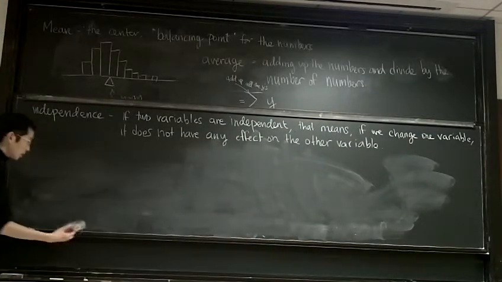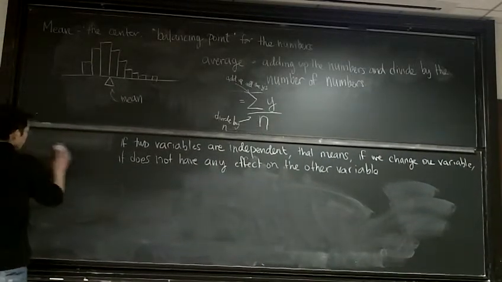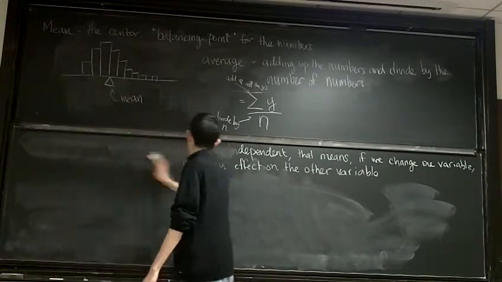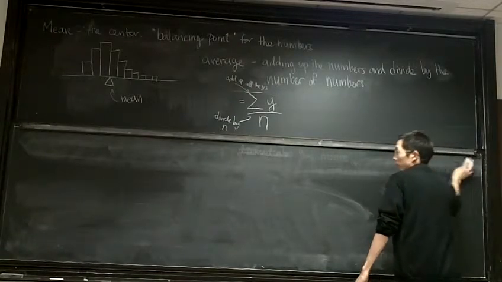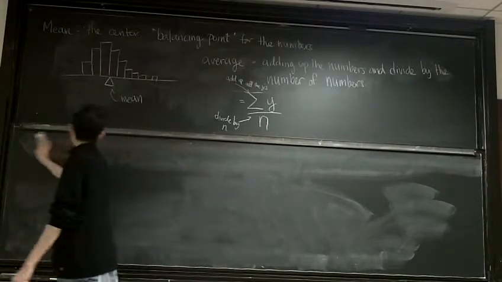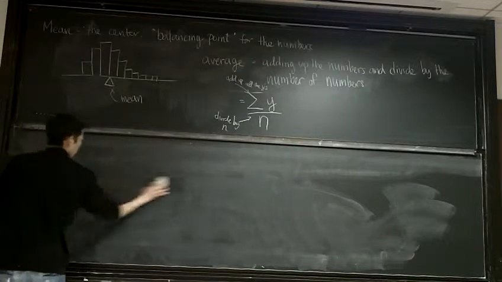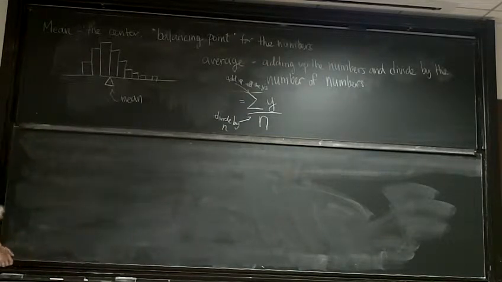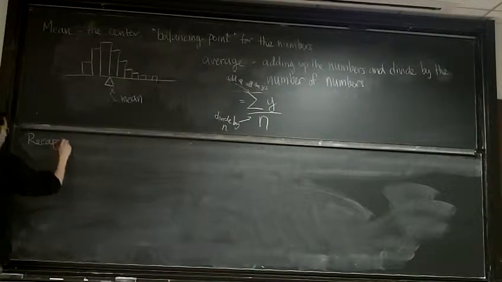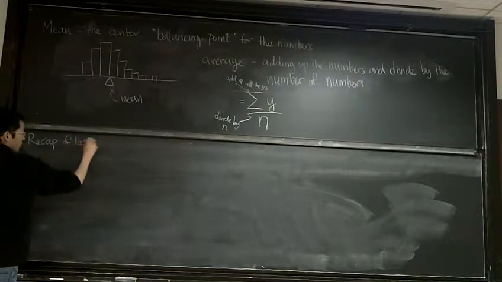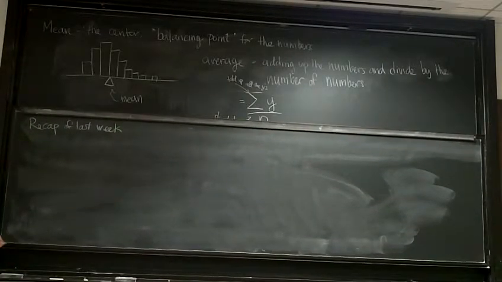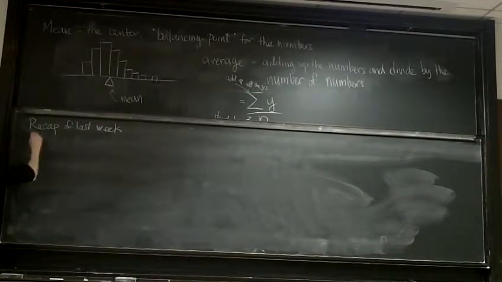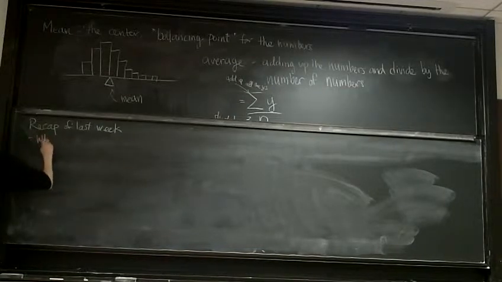So continuing on, tonight we're going to finish up chapter 4, and then we'll go through chapter 5 and chapter 6. So just a recap of last week. We started off with just, what is data all about?